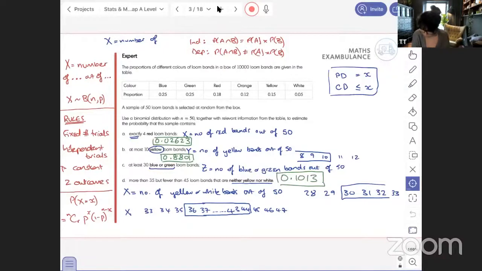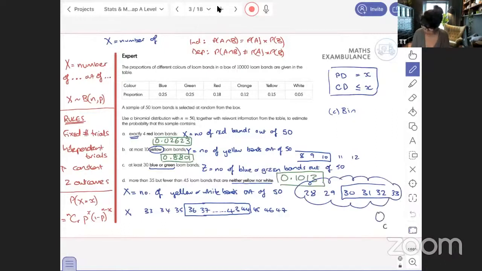So Lawrence, for part C, what you should put in your calculator is N is 50. You're going in binomial. Did you forget to do 1 minus? Look at the number line.